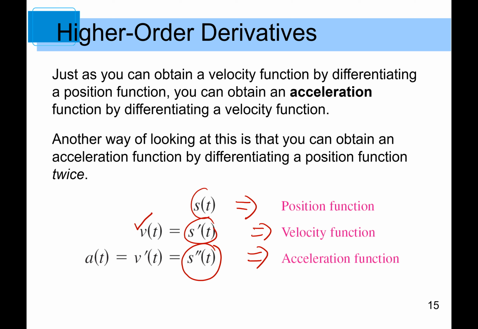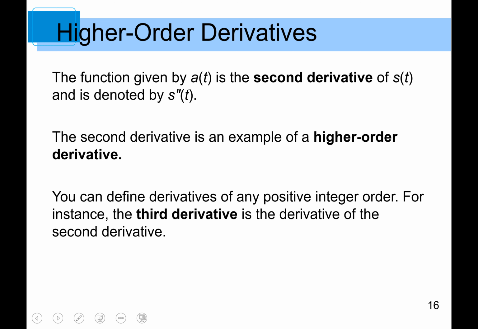So the velocity function is the first derivative of the position function, and the acceleration function is the second derivative of the position function. The function given by a of t is the second derivative of s of t, denoted by s double prime of t. The second derivative is an example of a higher order derivative.